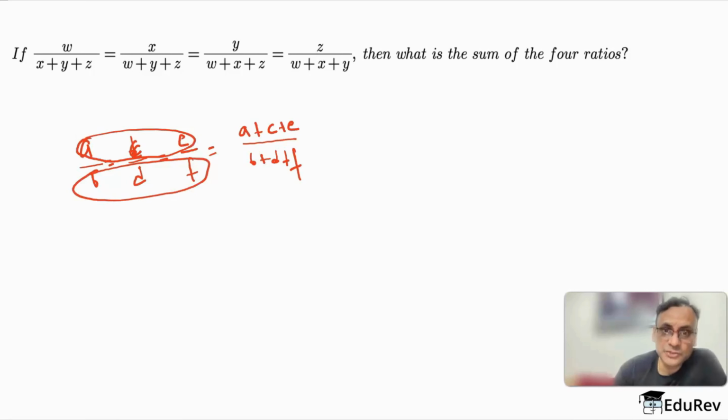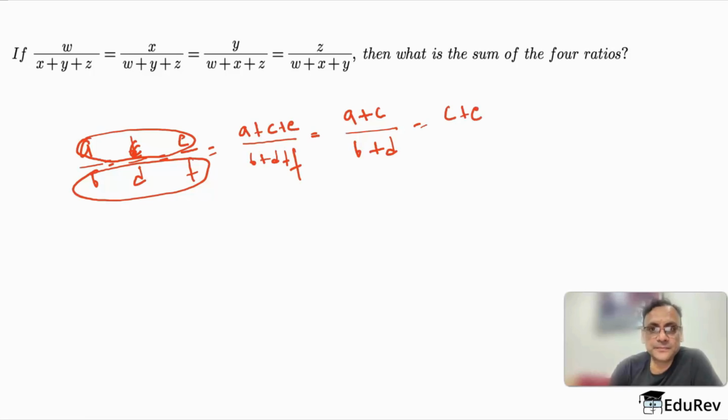In fact, we also discussed that it is not necessary that you take all the numerators. You can just take first and the second numerator also. But if you take first and the second numerator, then you should take first and the second denominator also. So the corresponding denominators must be taken. You can take first and second, you can take second and third, or you can take first and third. That choice is completely yours.